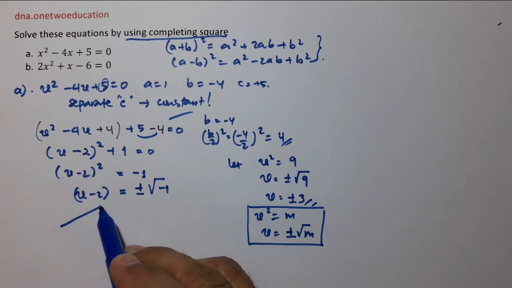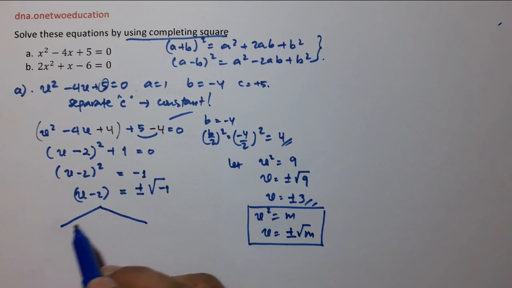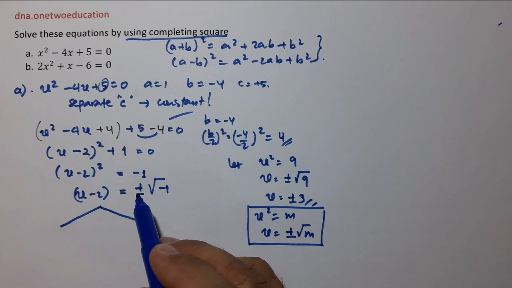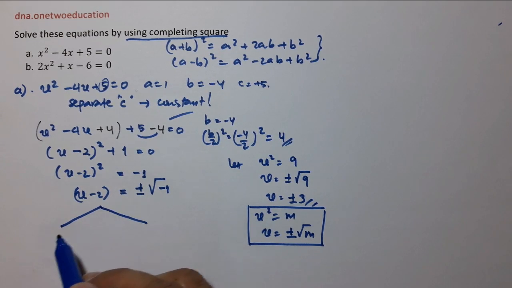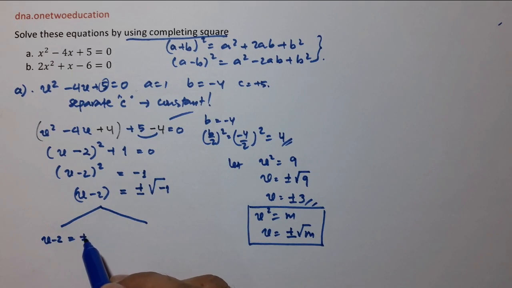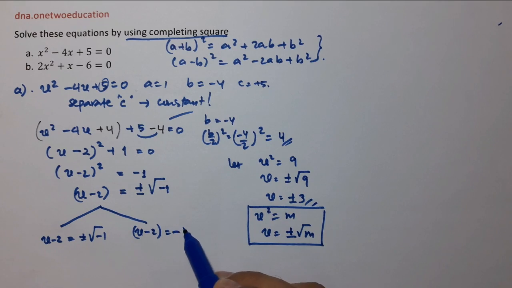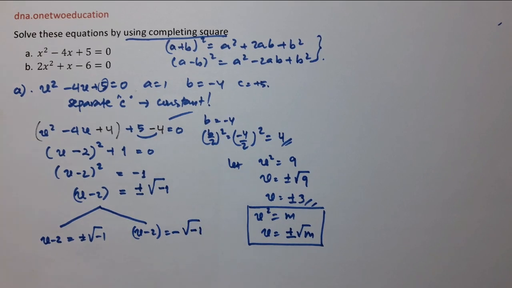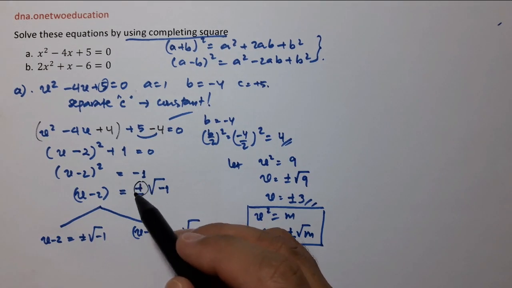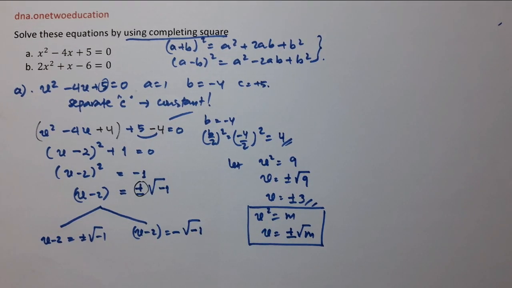By separating the solution, first you take the positive one: x minus 2 equals positive root of minus 1, and the other is x minus 2 equals negative root of minus 1. This is the important sign that you have to remember when you go to find the solution.